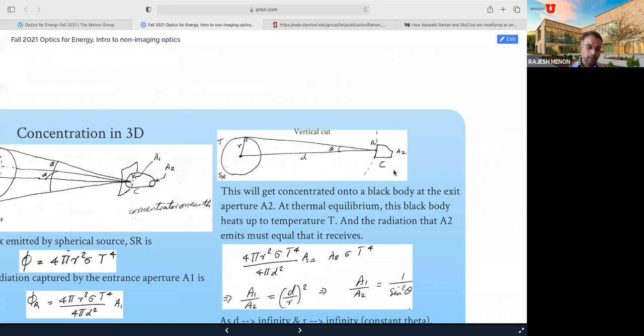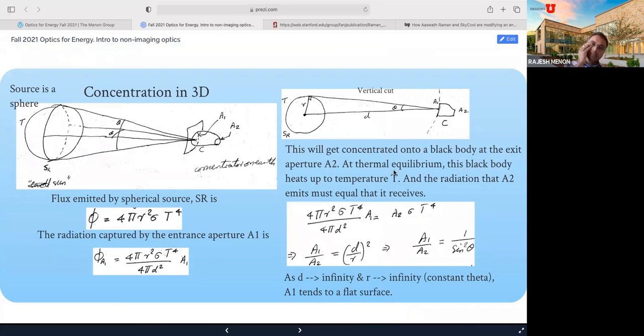Now let's think about 3 dimensions. In 3 dimensions, of course, the source is now a sphere, a simplified source. That's again the sun. It has a radius r. Now we can define solid angles because angles in 3 dimensions have two axes.